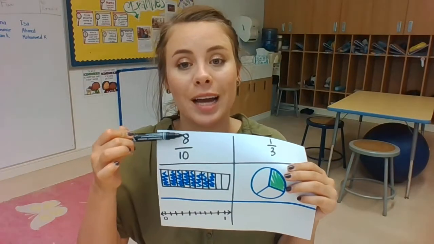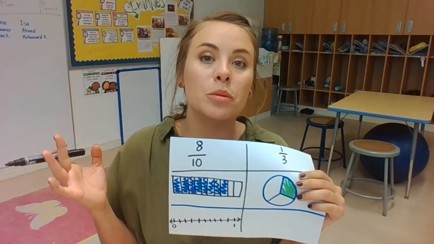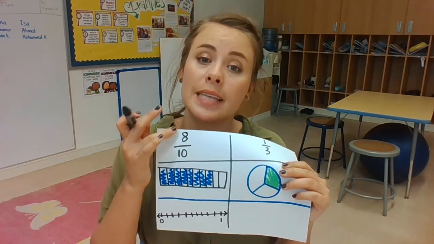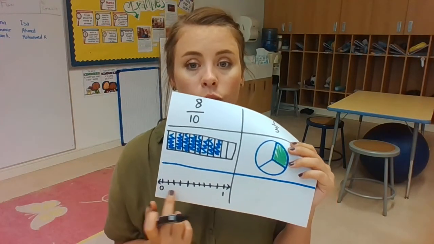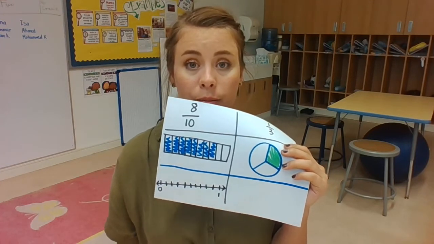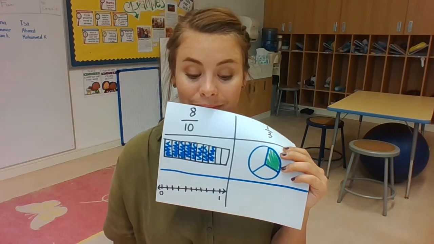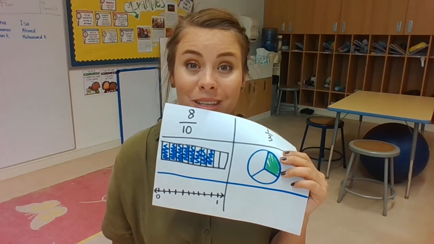And I'm looking for 8/10. Now, sometimes we make mistakes and we say 8. This isn't the number 8. This is 8/10. So where might 8/10 go on my number line? Pause and see if you can figure it out. Did you get it? Here.